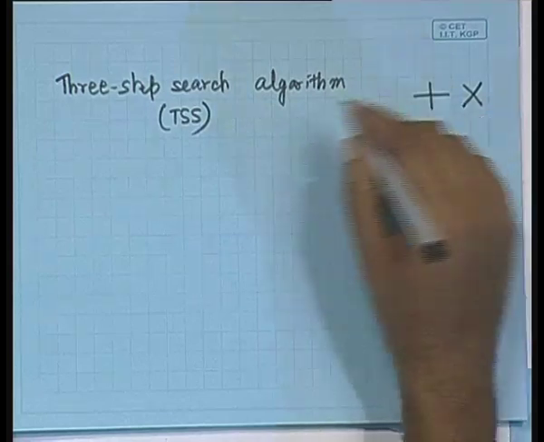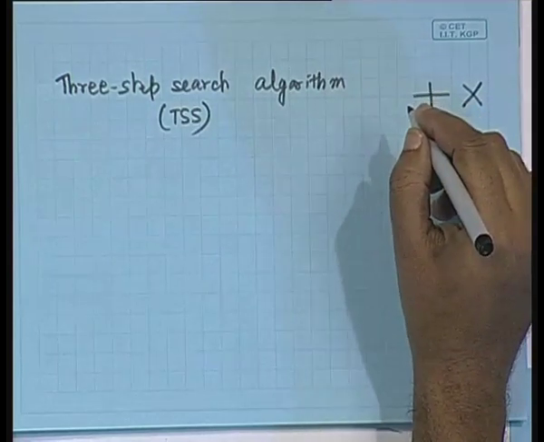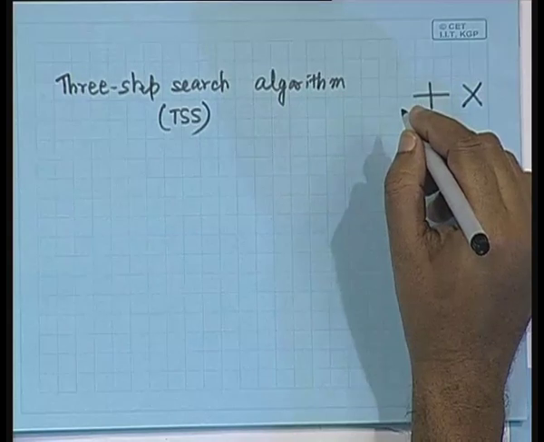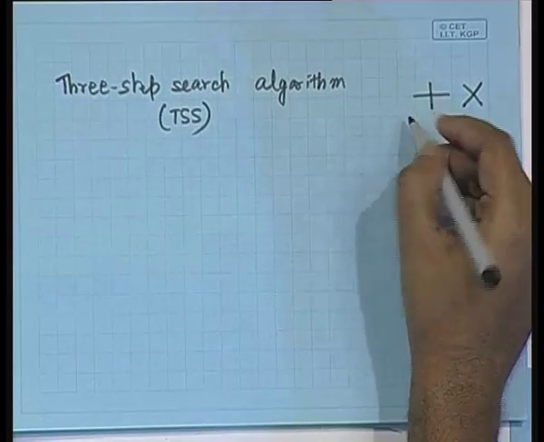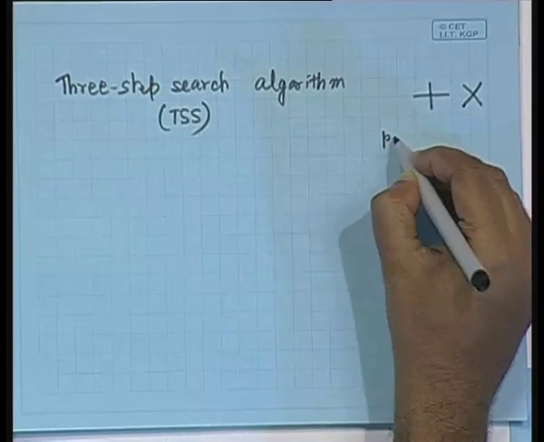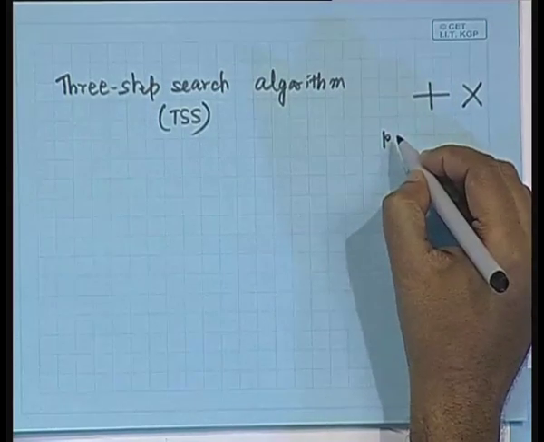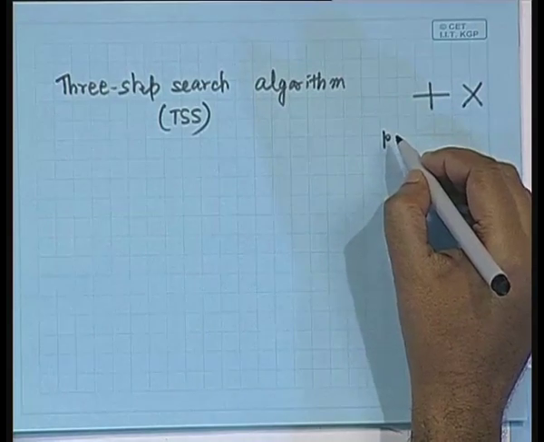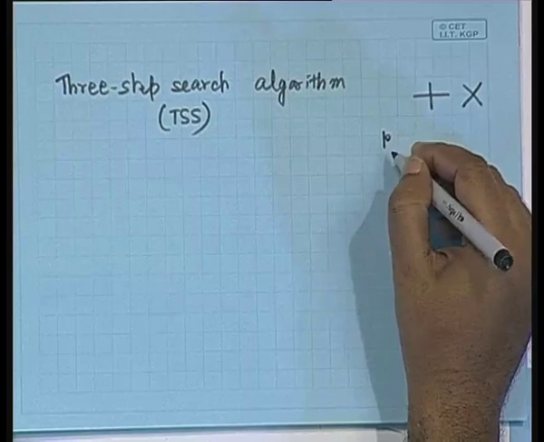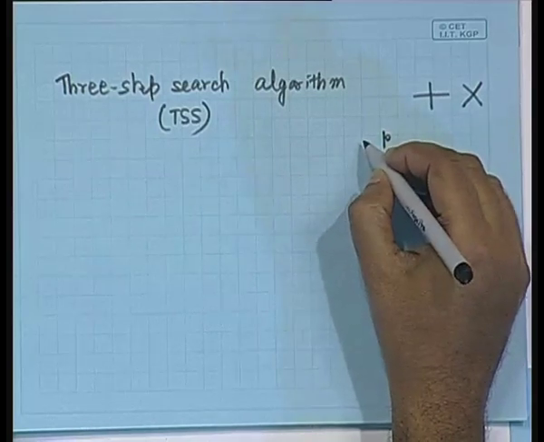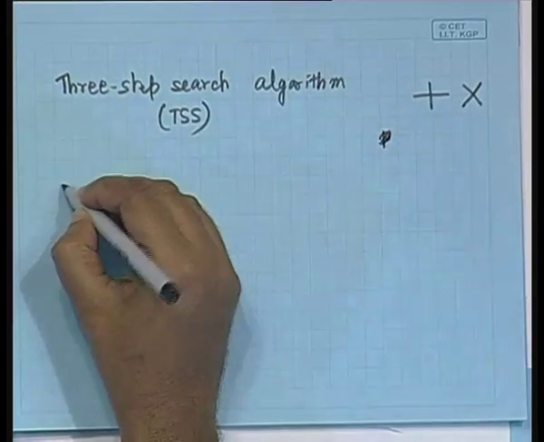In the case of the 3-step search algorithm, the searching is actually done at 9 positions. So what you do is define some initial value of p, and then you search at 9 positions. What are those 9 positions?